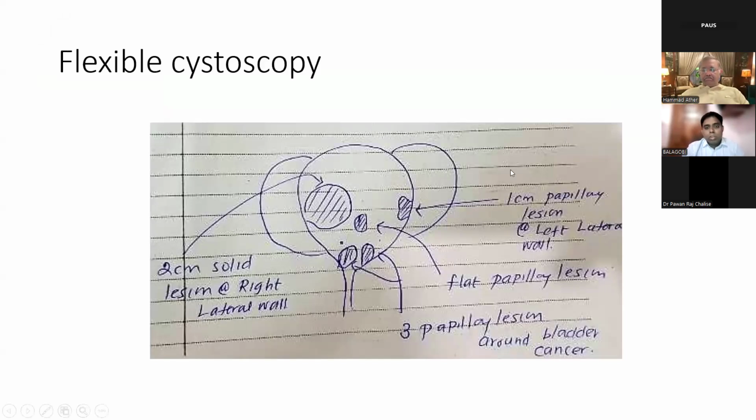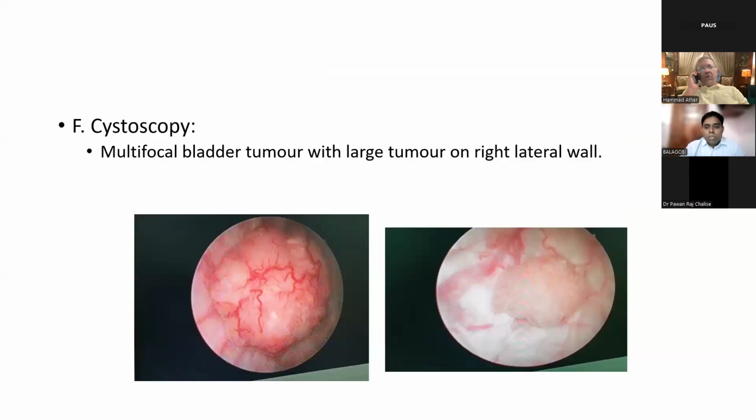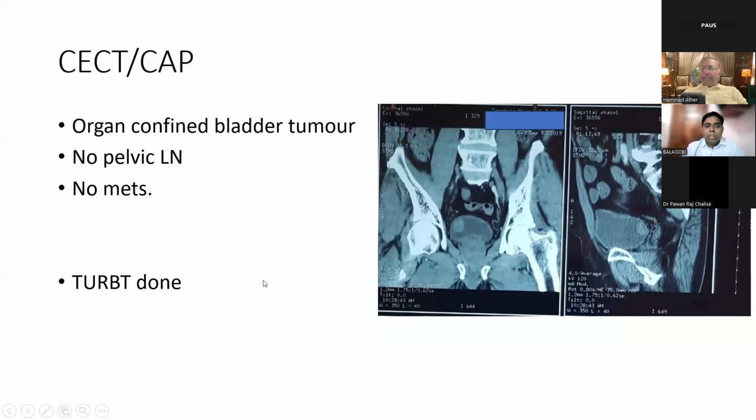Flexible cystoscopy revealed multiple small papillary lesions, and there was another 2 centimeter solid looking lesion at the right lateral wall, but with a narrow pedicle. You can see the multiple papillary lesions looking like this, and there was a lesion at the left lateral wall. CT scan: no extravesical spread, no pelvic lymph node, no metastasis.